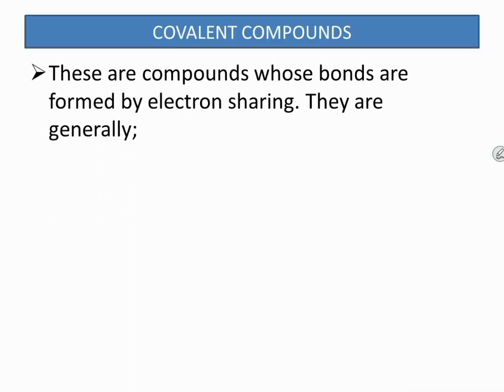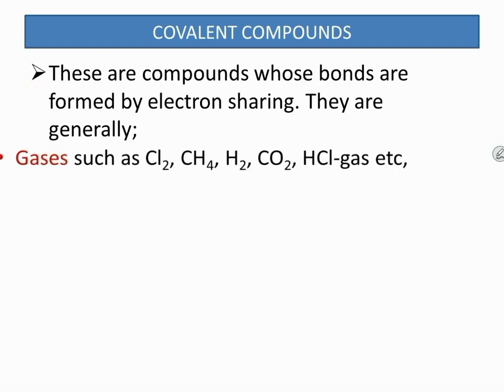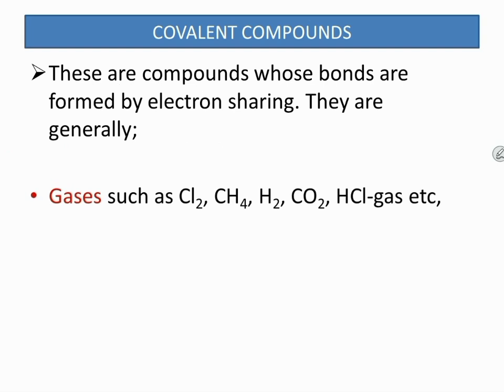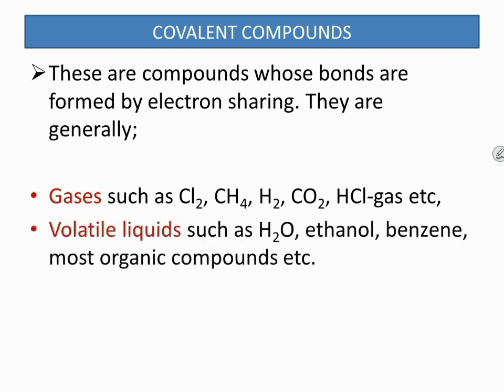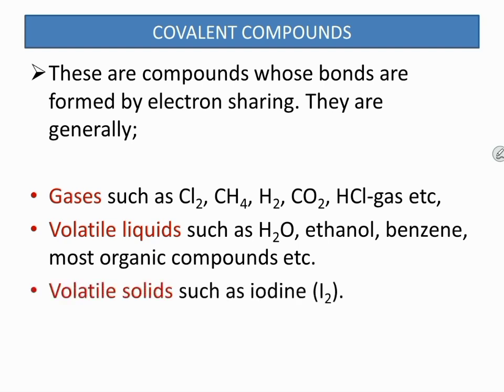Okay, covalent compounds. What are covalent compounds? Covalent compounds are compounds whose bonds are formed by electron sharing. They are generally gases, e.g. chlorine, methane, hydrogen, carbon dioxide, and they are also generally volatile liquids, H2O, ethanol, benzene, hydrogen chloride. So they are covalent compounds. And of course, hydrogen chloride gas is different from hydrochloric acid. Take note of that.